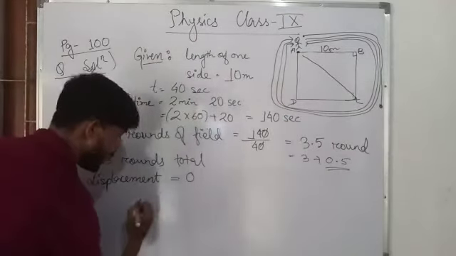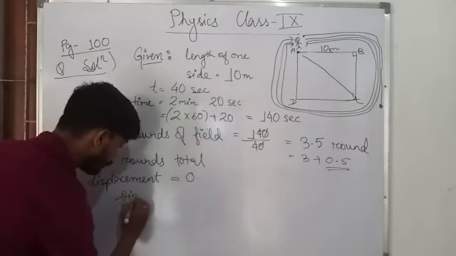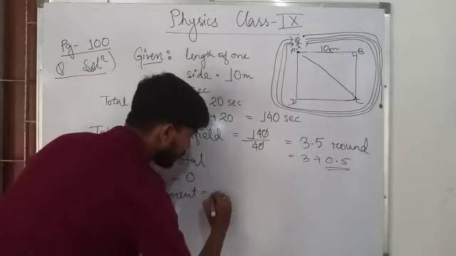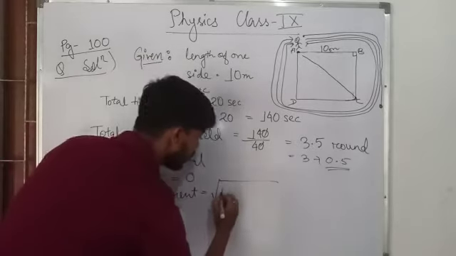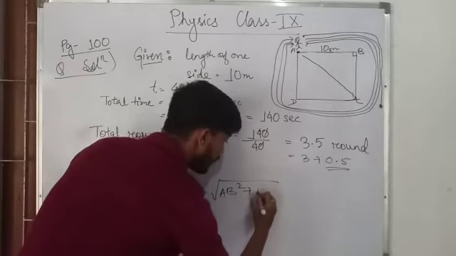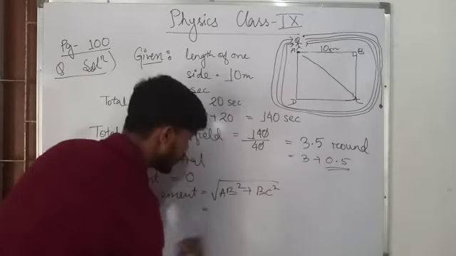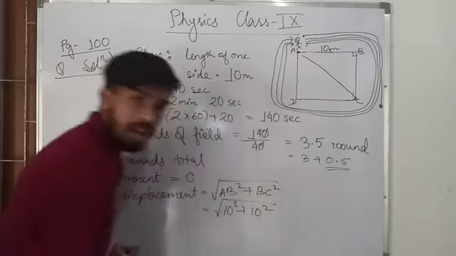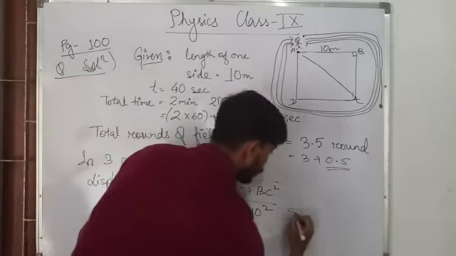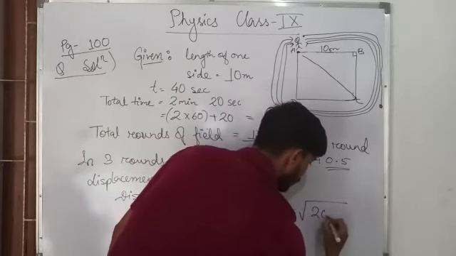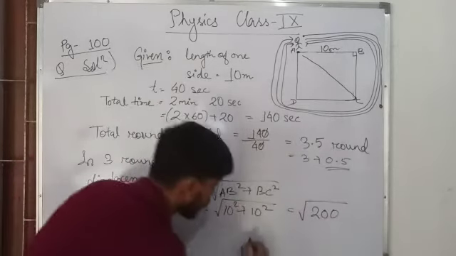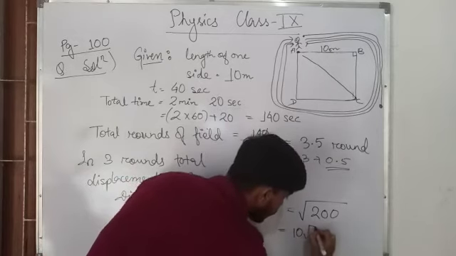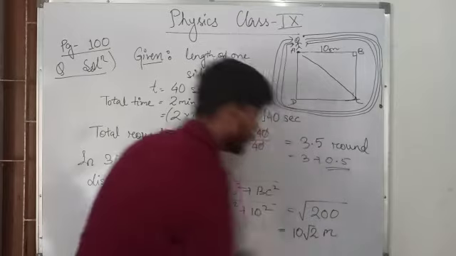So we can find out the displacement equal to under root AB square plus BC square, which is 10 square plus 10 square. This is simple mathematics, which is 200, which you can write as 10 root 2 meter.